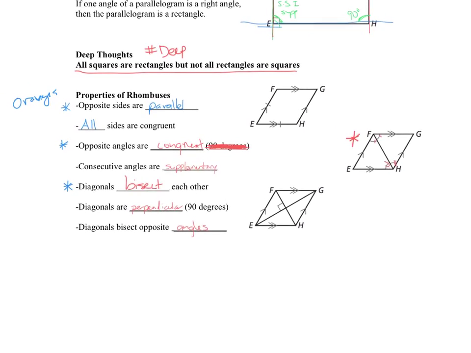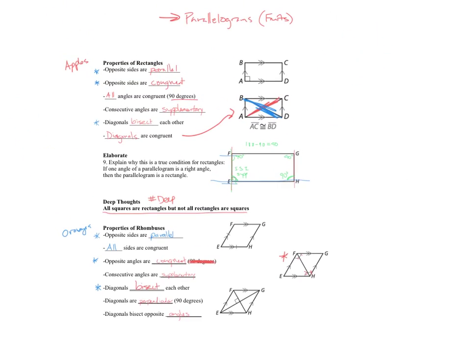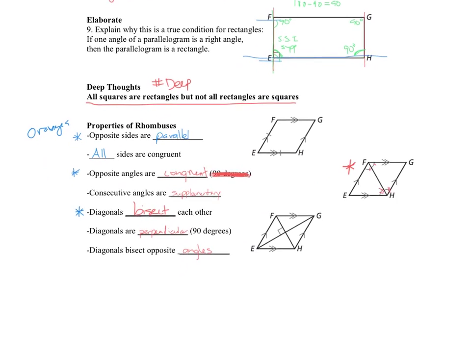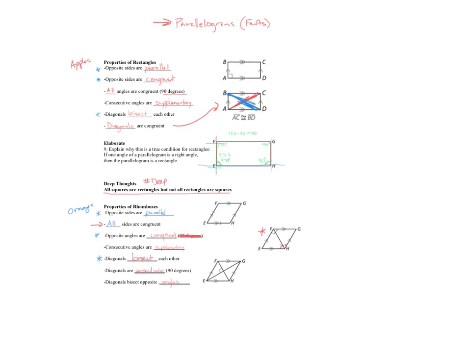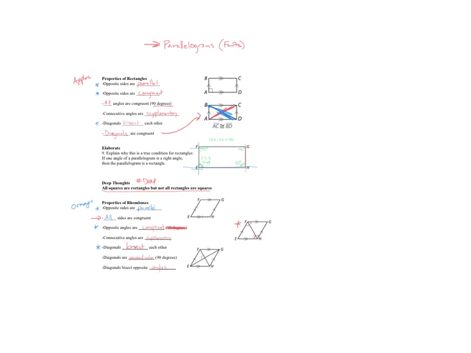You'll notice there are some things that are very similar to rectangles, and some things that are similar to squares, like all sides being congruent. I kind of think of a square as if a rectangle and a rhombus had a baby, it would probably be a square. It combines aspects of both of those, and out comes a square.